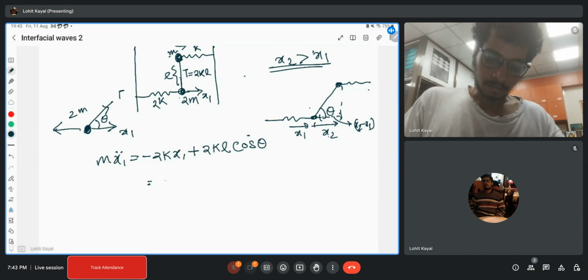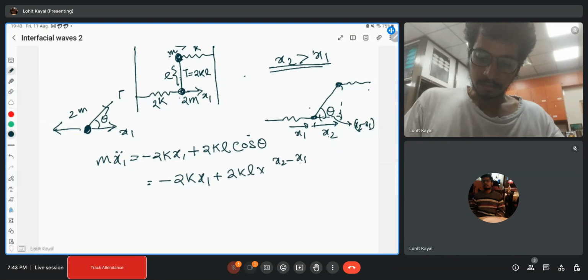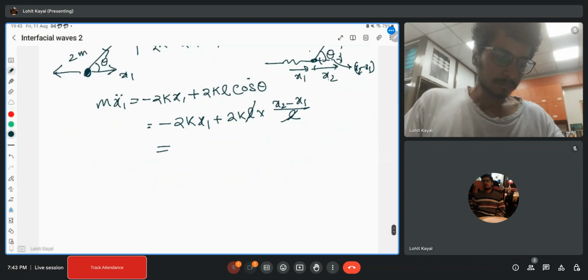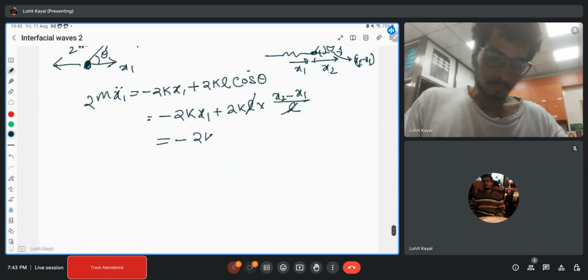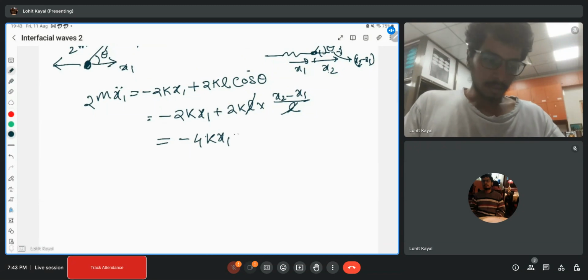So now it will be minus 2k times x1 plus 2k L into (x2 minus x1) divided by L. If we just cancel it out, your equation will be 2m x1 double dot, because the mass is 2m. If you just do the calculation, you will find it will be minus 4k x1 plus 2k x2.